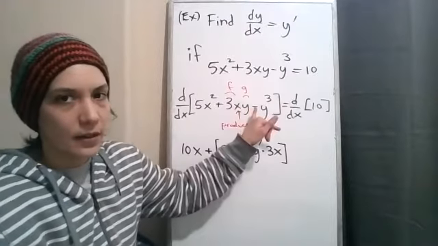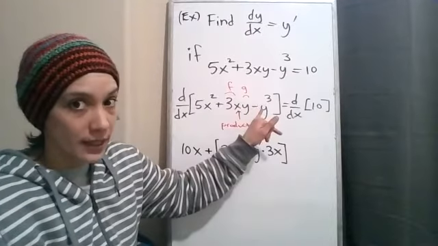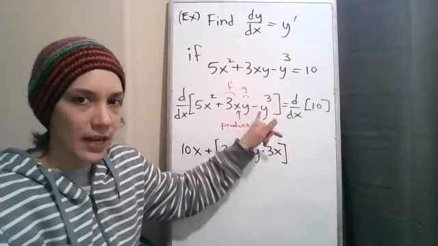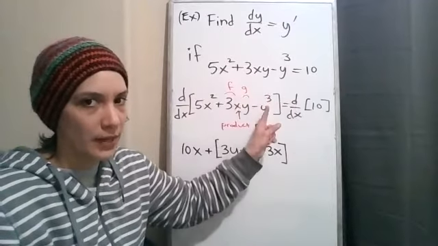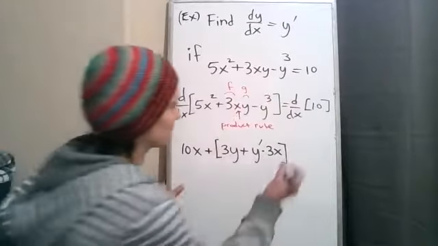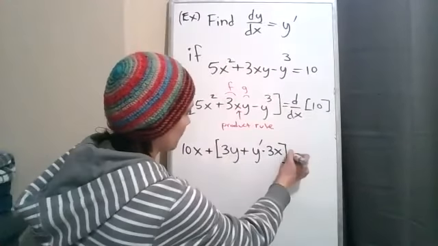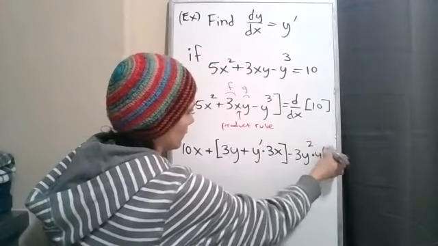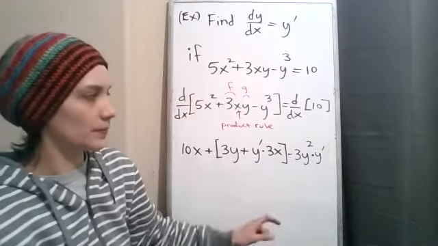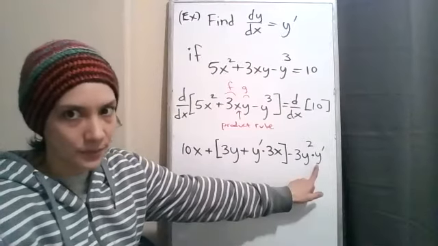Okay. We have a chain rule right there where we subtract 3y to the power 2, then multiply by y prime. And that y prime comes from the chain rule.